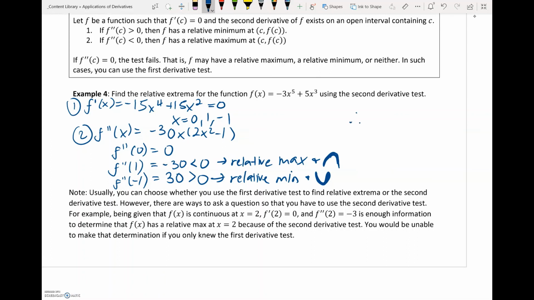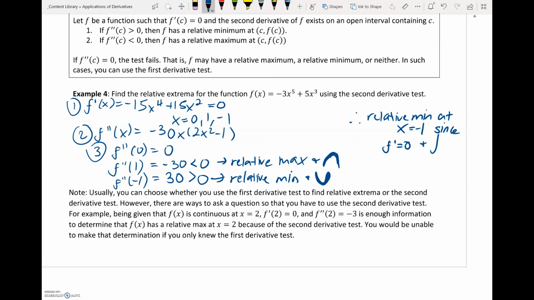So now we just need to state our final answer, that we're going to have a relative minimum at x equals negative 1, and that's because f prime is 0. So that was coming from our very first step. We need to make sure that x equals negative 1 is a critical point.